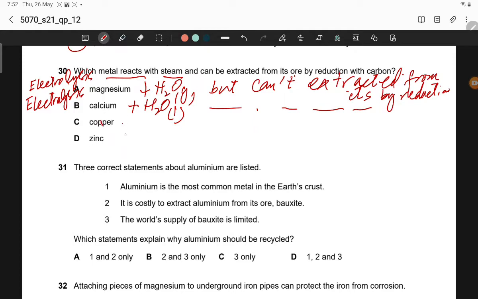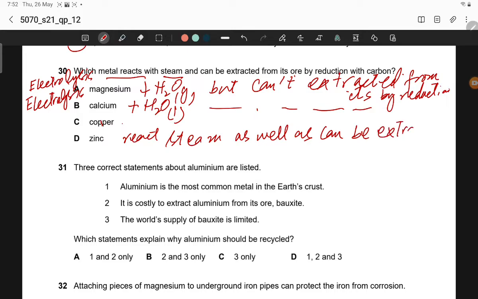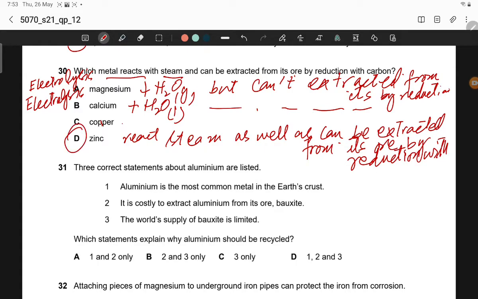Zinc reacts with steam as well as can be extracted from its ore by reduction with carbon. So zinc is the correct option.